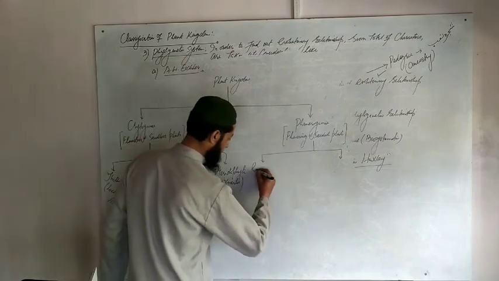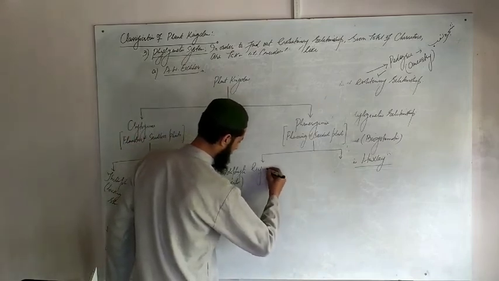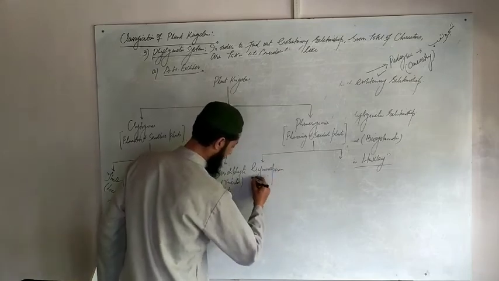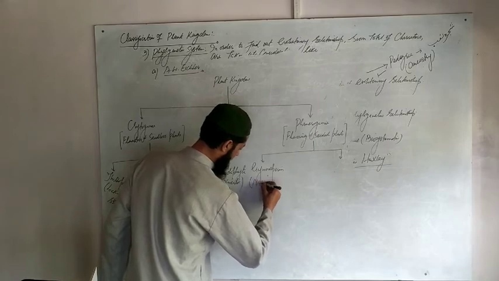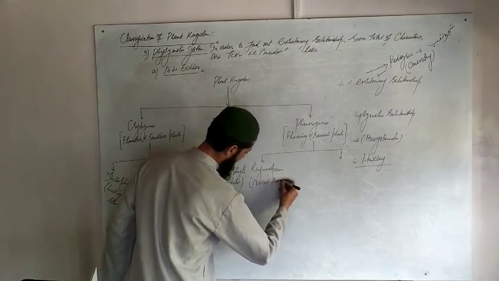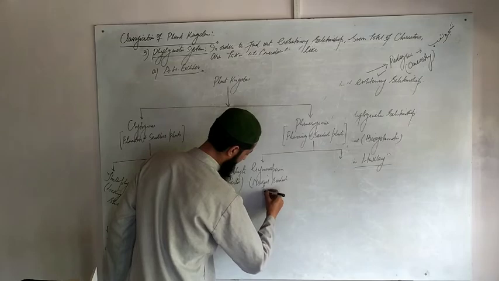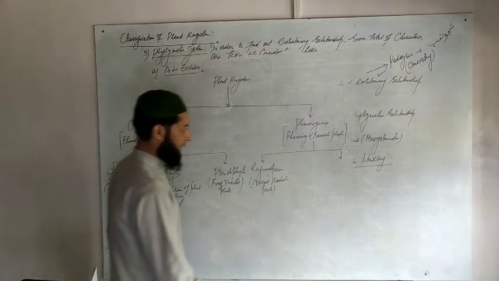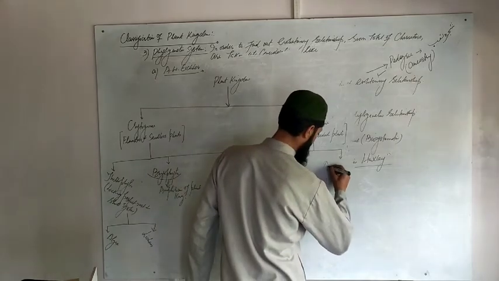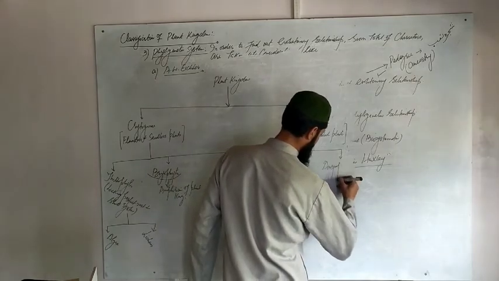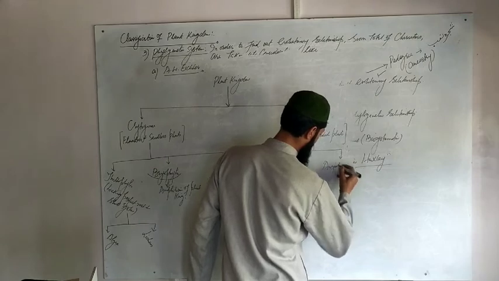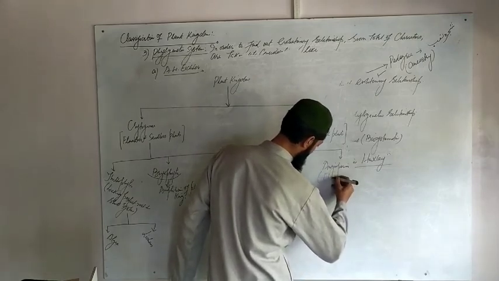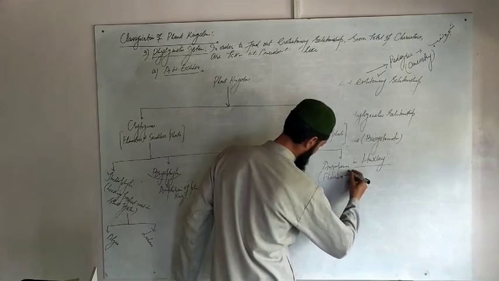First is gymnosperms, also called naked seeded plants. And last one you have angiosperms, also called flowering plants.